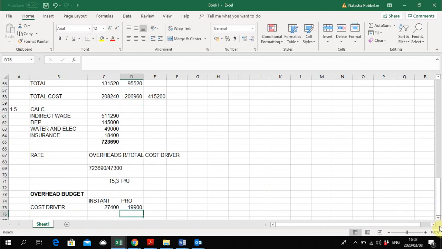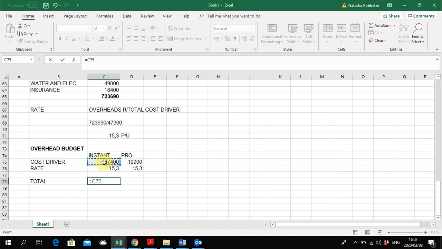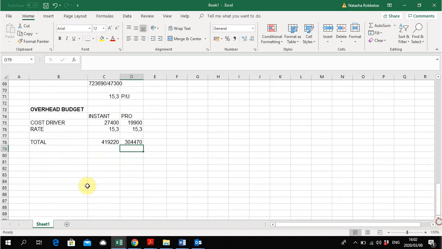Then we've just calculated the rate, 15 Rand and 30 cents. And then of course the total, which is just multiplication. Right, that was our overhead budget in 1.5. We are doing 1.6.